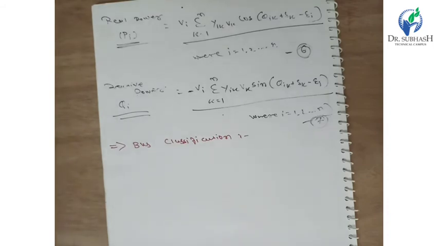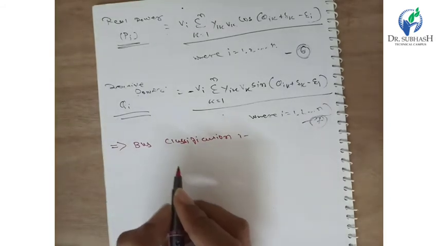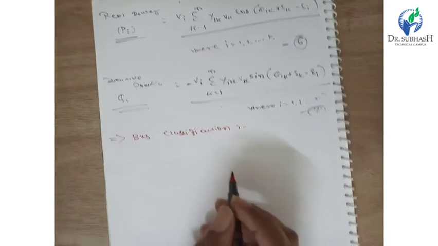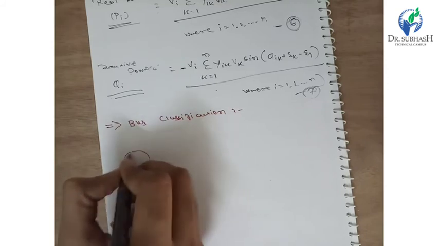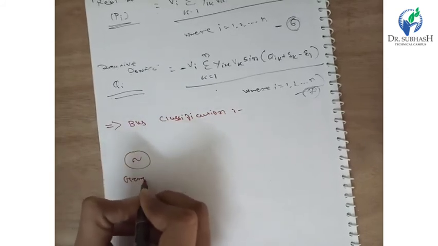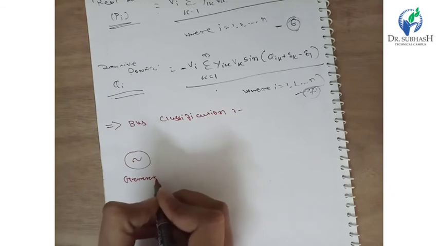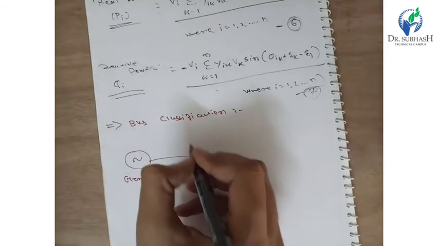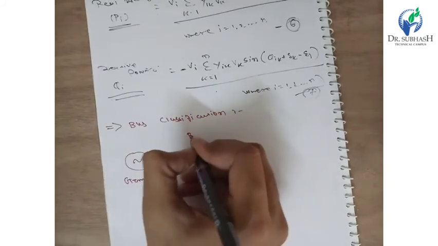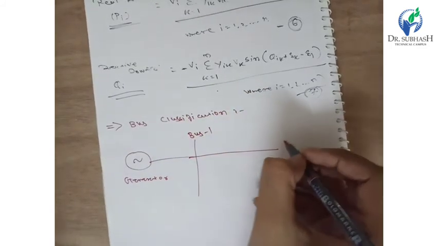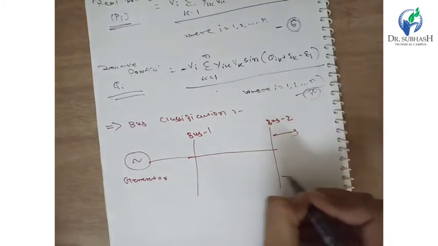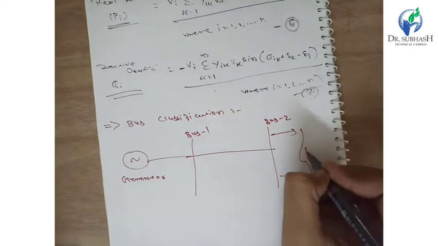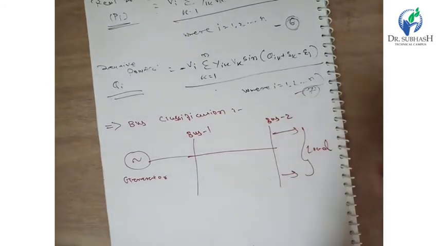For the detailed explanation of bus classification, we should consider the transmission system. For the transmission system, we draw the basic figure. There is a generator, bus 1 and bus 2, and there is a load connected to them.